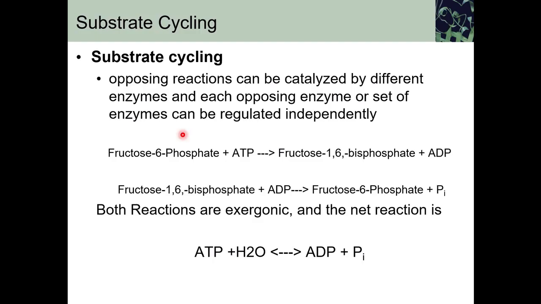Once that enzyme is allosterically activated or deactivated, the forward and the backward reactions will be activated at the same time or deactivated at the same time. That's why it's important that two different enzymes catalyze these opposing steps, because the same metabolite can have an activating effect on one enzyme and a deactivating effect on the other.